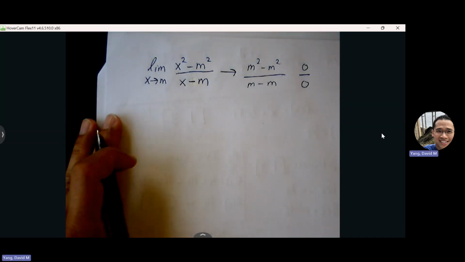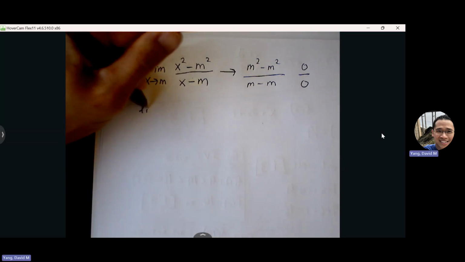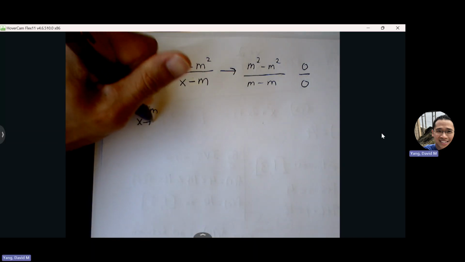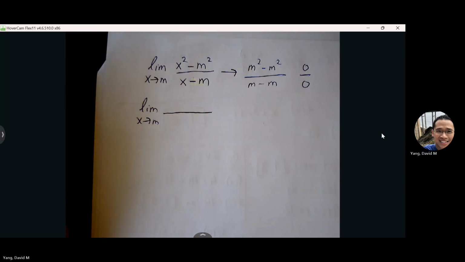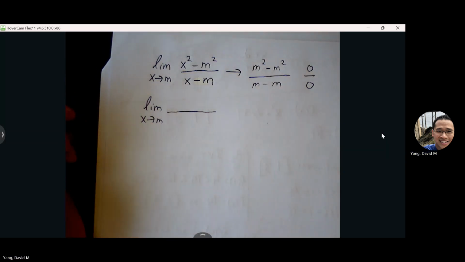Which means there's a hole. That means we can remove the hole by factoring. What would that numerator factor to be?